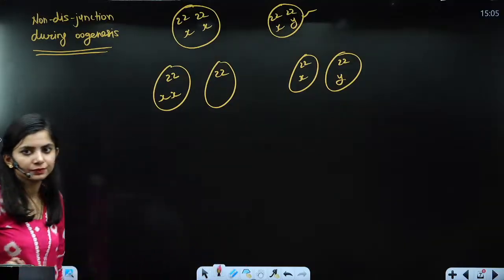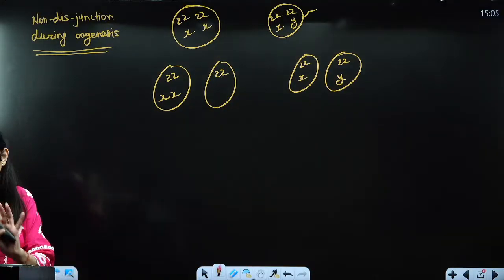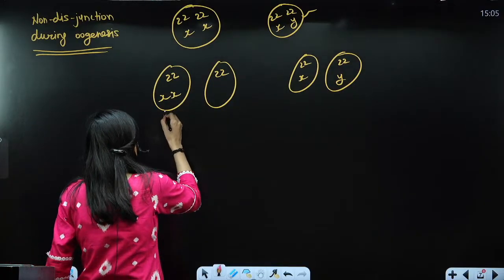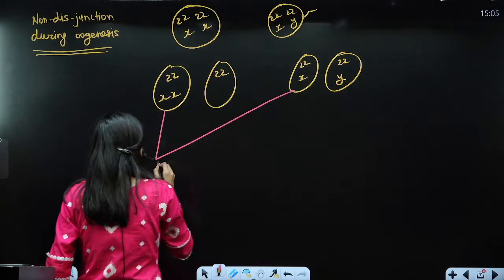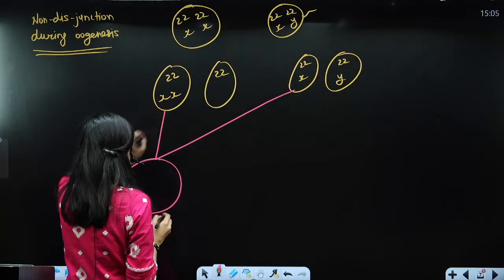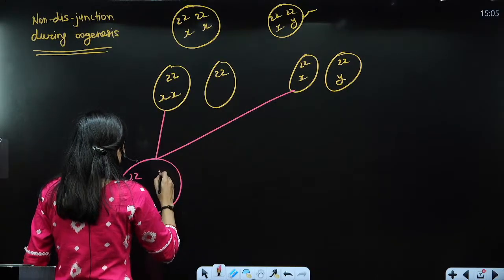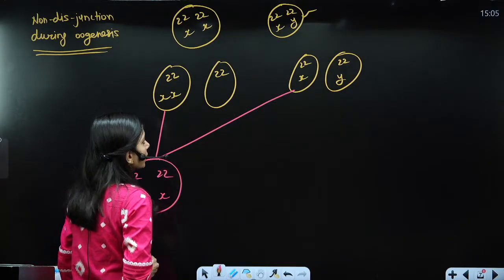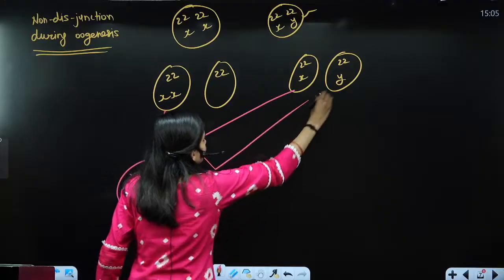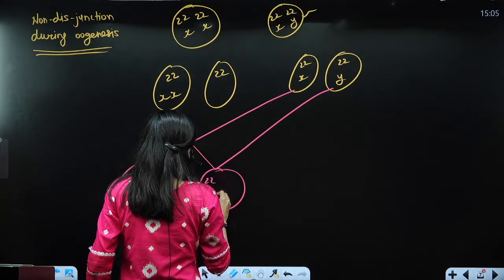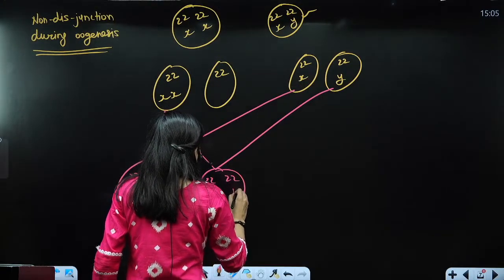Now another process is going to be completely normal and simple. What would happen? This and this. Let's try to create 22X and 22X. Again 22XX, and 22Y.